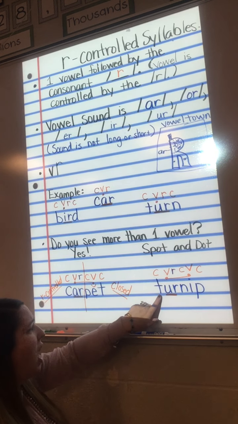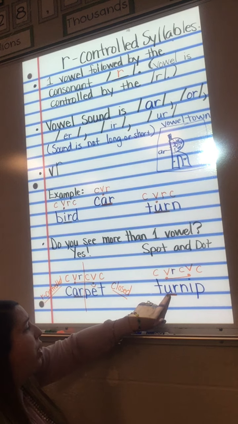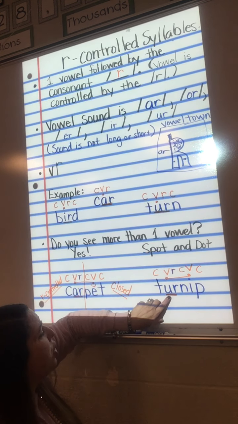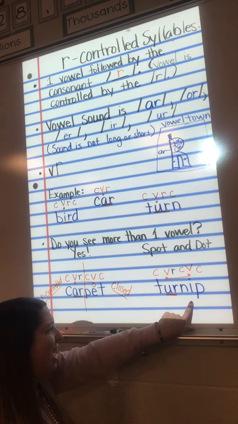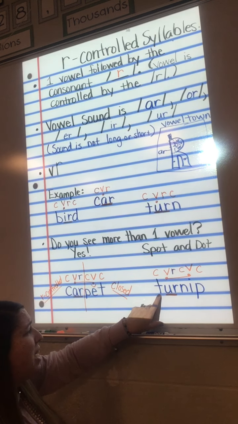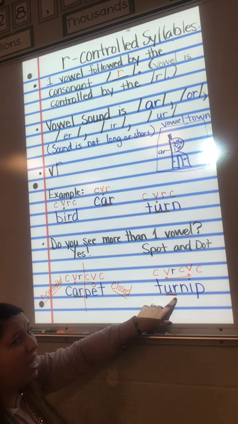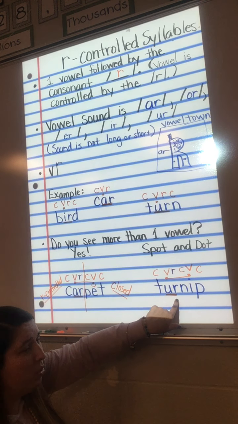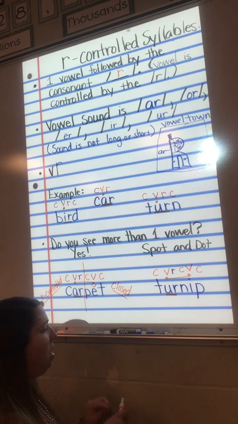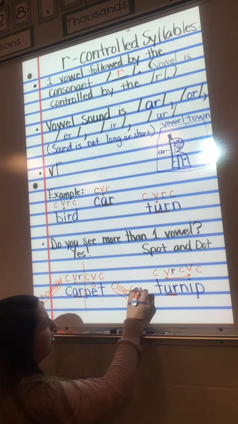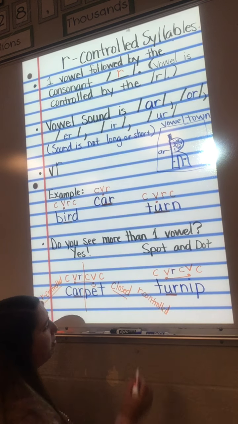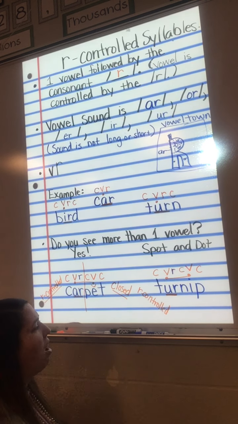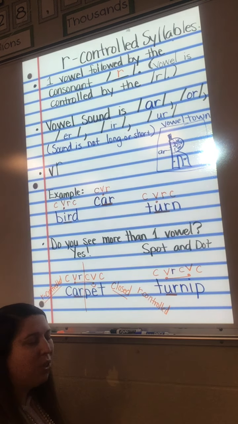Okay, so I know that the T says T. The UR lives on the curve and says er. But now I've got to figure out, what does this I say? So far, I know that TUR is what kind of syllable? If you said R-controlled, you are right. This TUR is R-controlled. All right, so let's look at this.